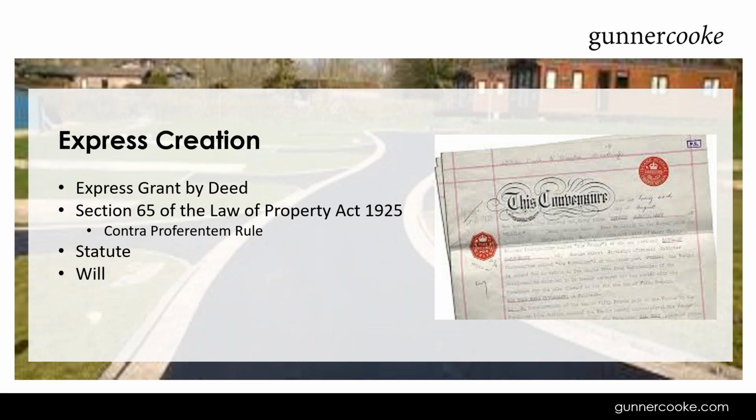The final one, which is one that often gets forgotten, is that easements can often be created by wills. So where you have a large estate and it's left to a number of different parties, then you will find that there will be some express easements that are created when that estate is split down.